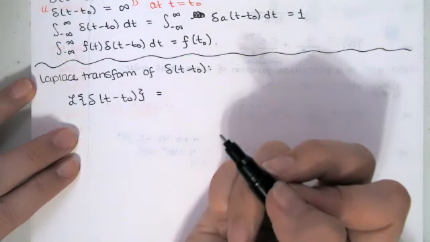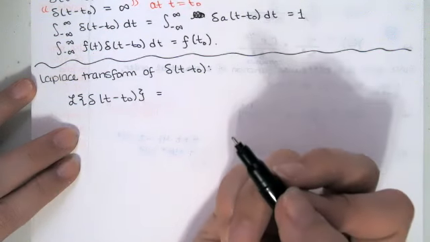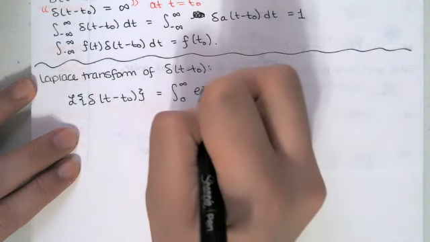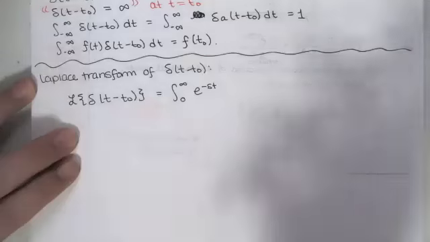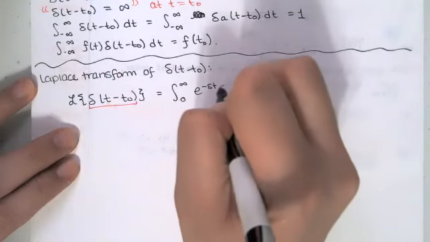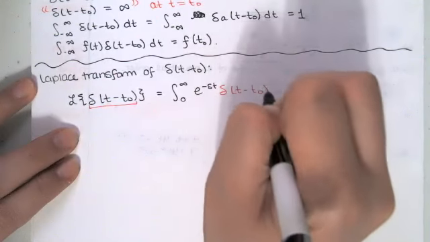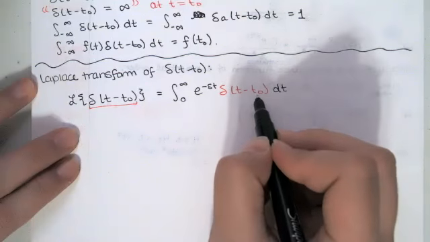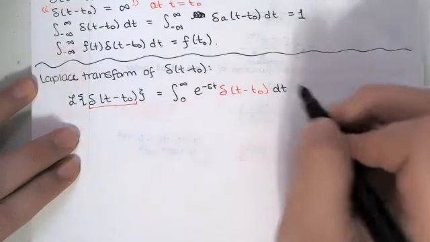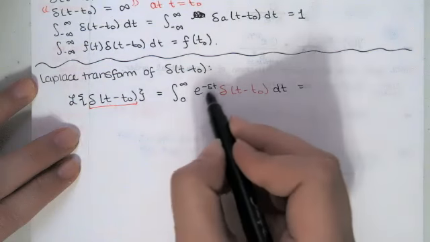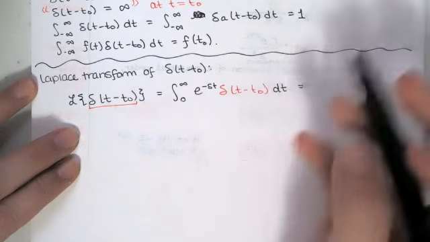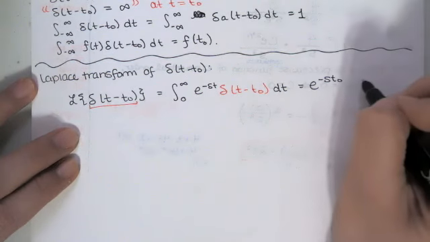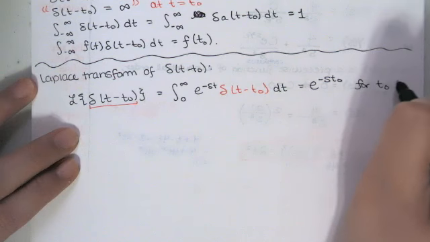So the Laplace transform of delta evaluated at t minus t naught is the integral from 0 to infinity of e to the negative st, and our input function here is Dirac delta at t minus t naught. But as I just mentioned, it's a shifting function. As long as t naught is greater than 0, this is going to give us this function evaluated at t naught. So we're going to get e to the negative s times t naught.